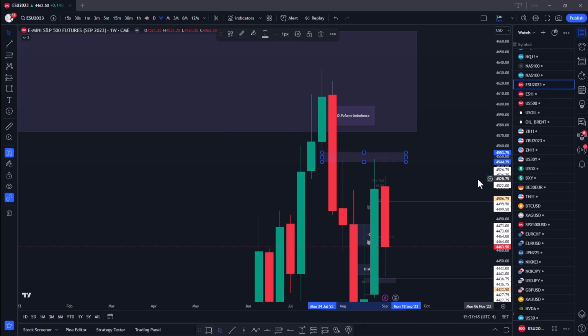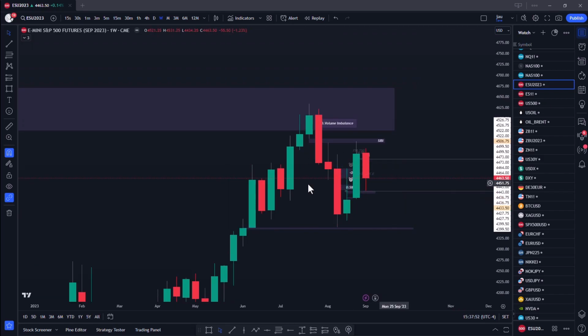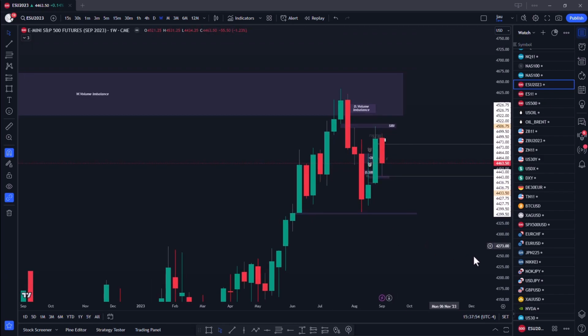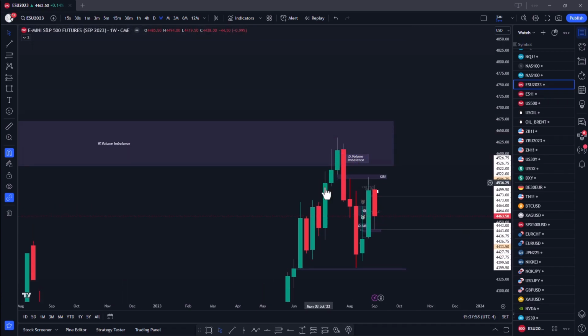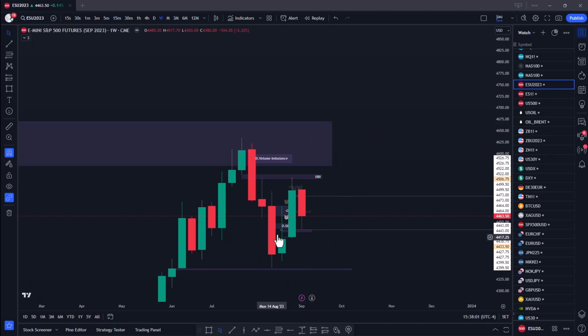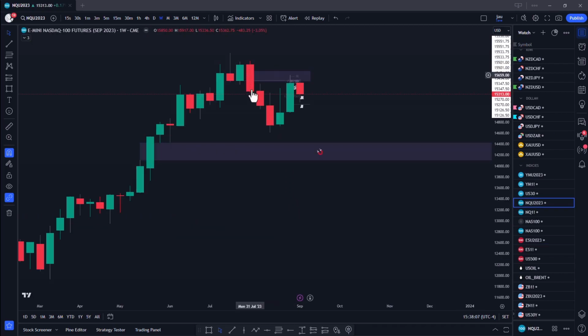So I don't know if I'll be trading the indices as aggressively as I will the currencies, because looking at this, we can see we're bearish, bearish, bearish, and then bullish, bullish, bearish. The Nasdaq, same thing: bearish, bearish, bearish, bullish, bullish, bearish.